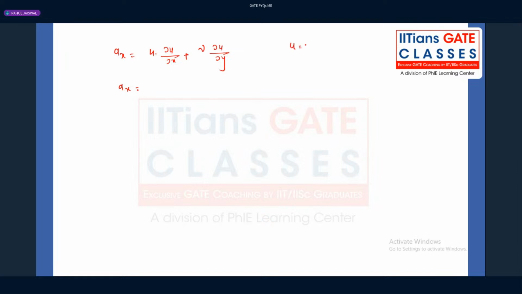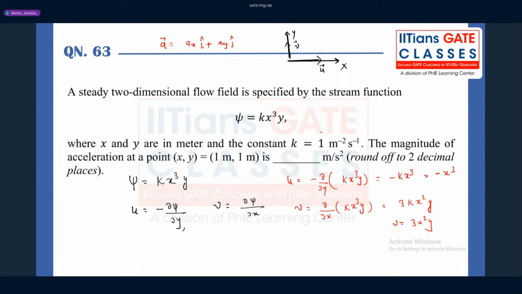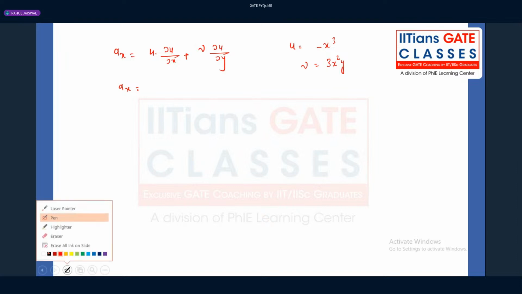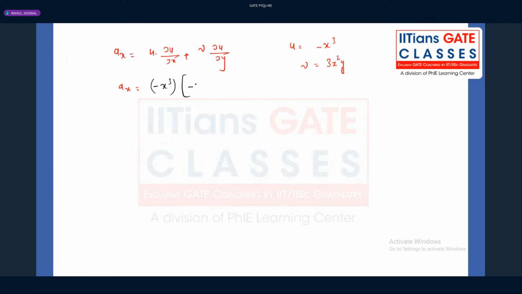What is the u? Already you got the u value, minus x cube. And what is the v value, guys? 3x square y. So what we can get, guys, from here? If we substitute u as minus x cube, dou u by dou x is nothing but minus 3x square, plus v, which is 3x square into y, dou u by dou y will be 0.